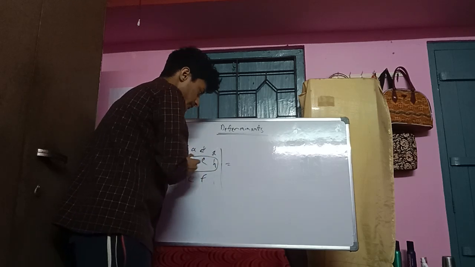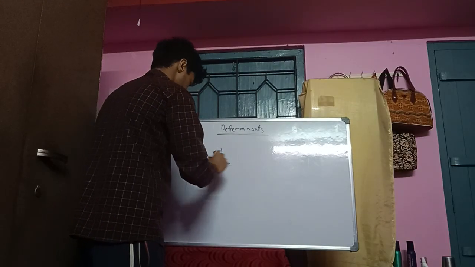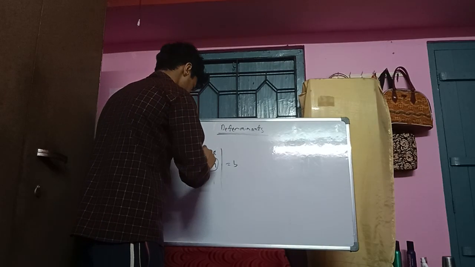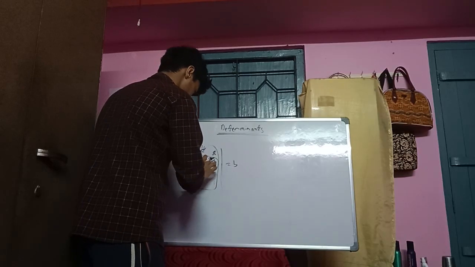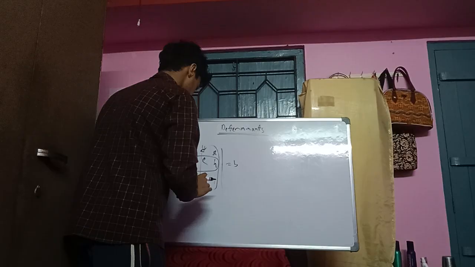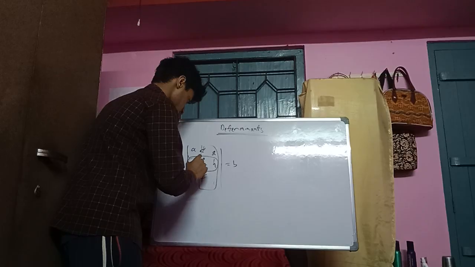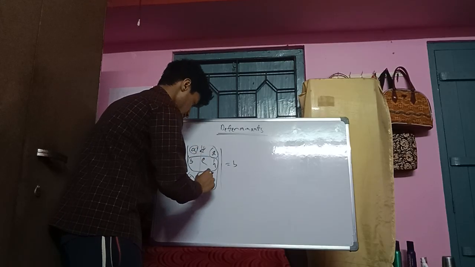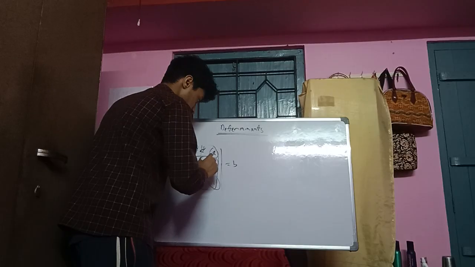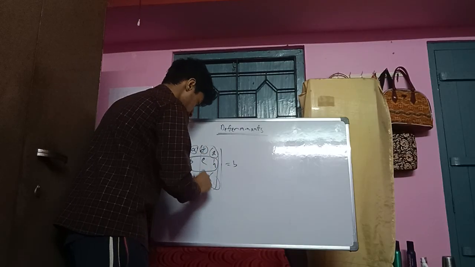So you can evaluate this determinant from the perspective of the second row as well. It would be D times this determinant, except for these two elements, C and H, of course. Then E times this determinant consisting of A, G, C, and I. Then it is gonna be F times this determinant consisting of A, D, C, F.